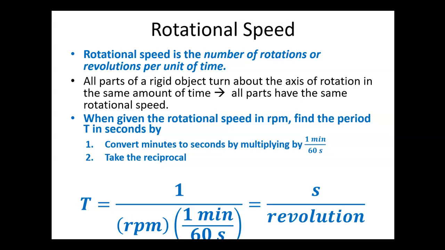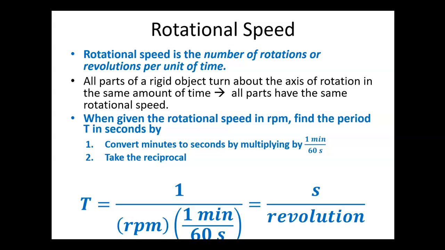There's also a common way of describing motion in a circle, which is rotational speed, which gives the number of revolutions per unit of time. And typically, in our common language, we'll talk in terms of a unit of RPM, which means revolutions per minute. Whenever you encounter a description of rotational motion in RPM, you need to immediately convert that to period.